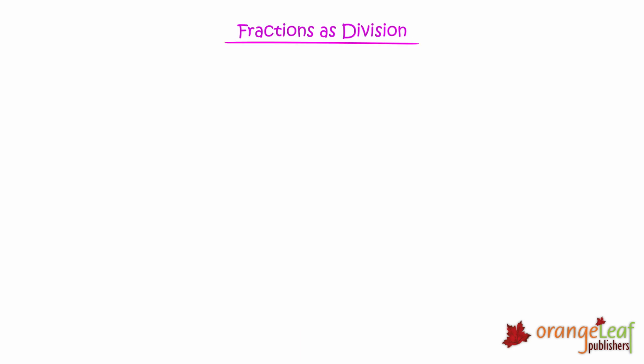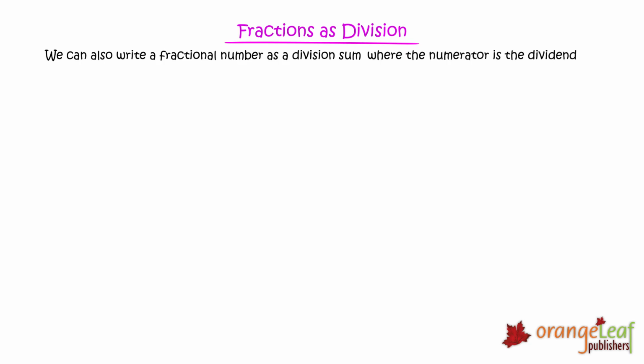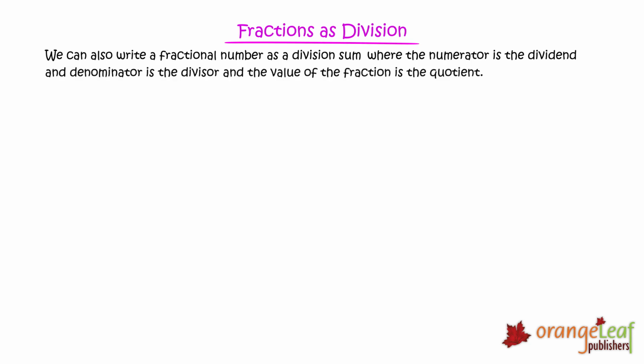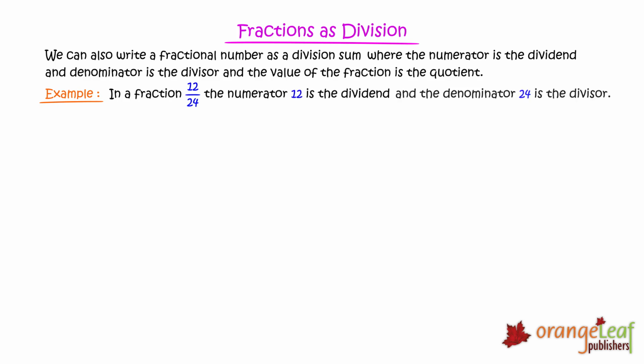Fractions as division. We can also write a fractional number as a division sum where the numerator is the dividend and the denominator is the divisor and the value of the fraction is the quotient. Example 1. In a fraction 12 by 24, the numerator 12 is the dividend and the denominator 24 is the divisor. 12 by 24, that is dividend by divisor.